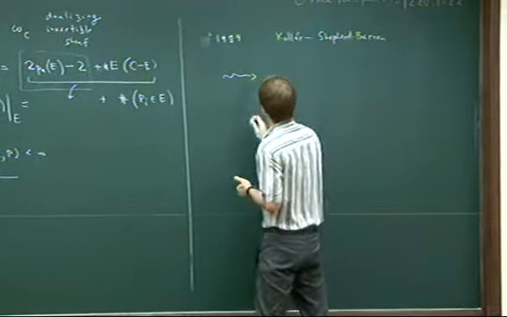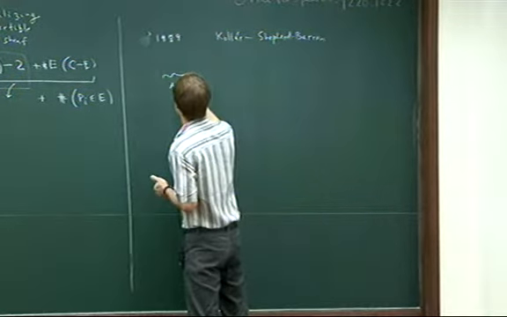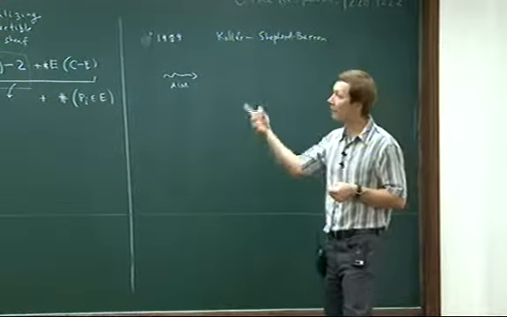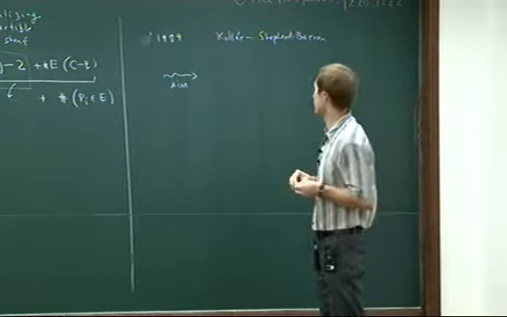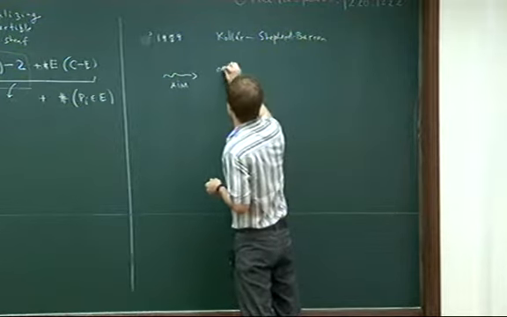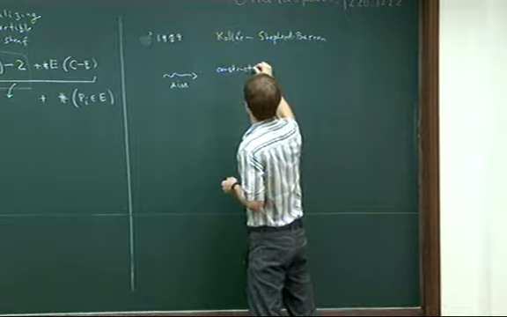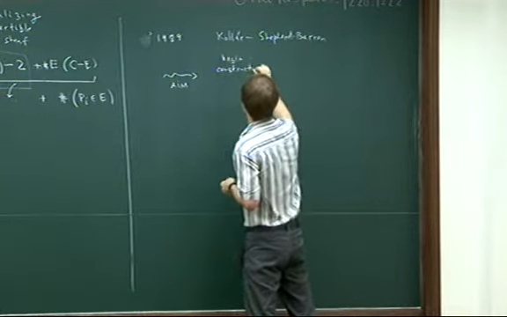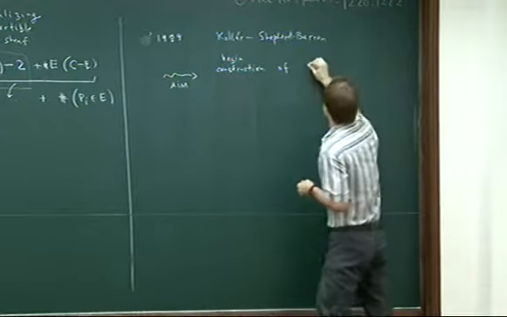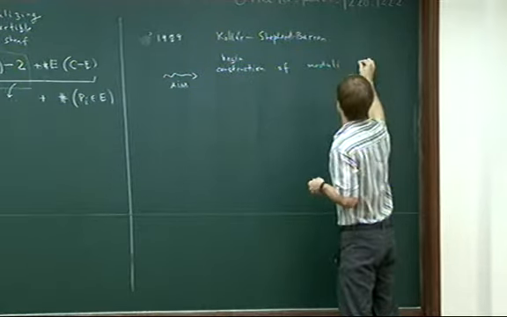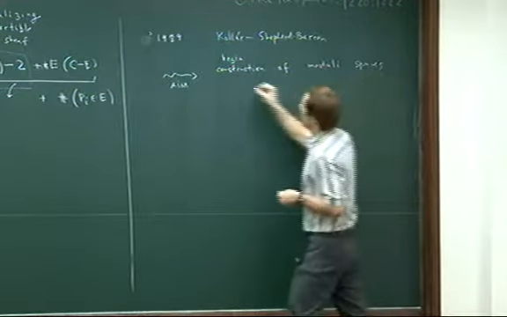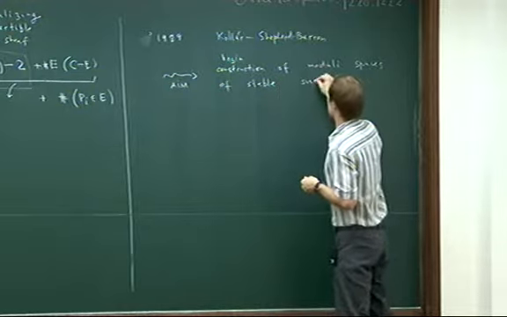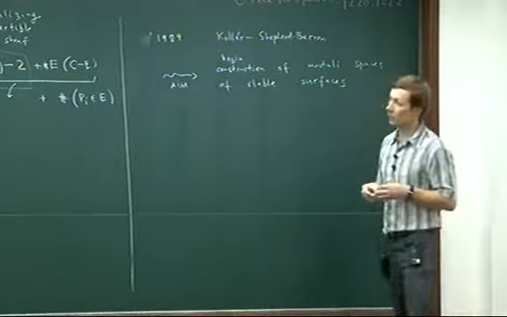So this is just the general direction: the aim was to try and extend this construction to higher dimensions and begin construction of moduli spaces of stable surfaces instead of curves.